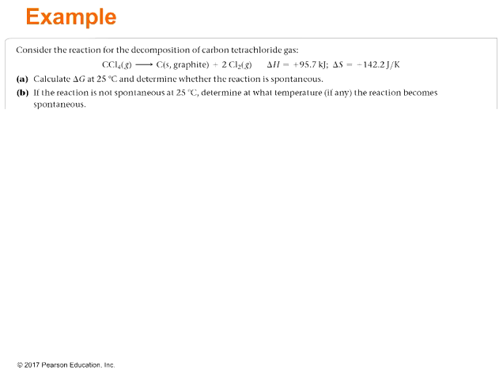In this example, we're going to consider the reaction for the decomposition of carbon tetrachloride gas, so CCl4. And that is decomposing into carbon and chlorine gas. So we have a couple of values here. We have the change in enthalpy for the reaction, and you can see that that is positive.